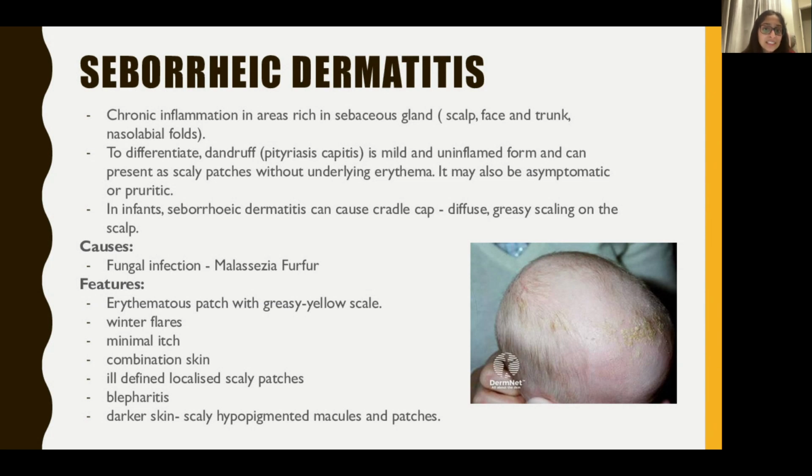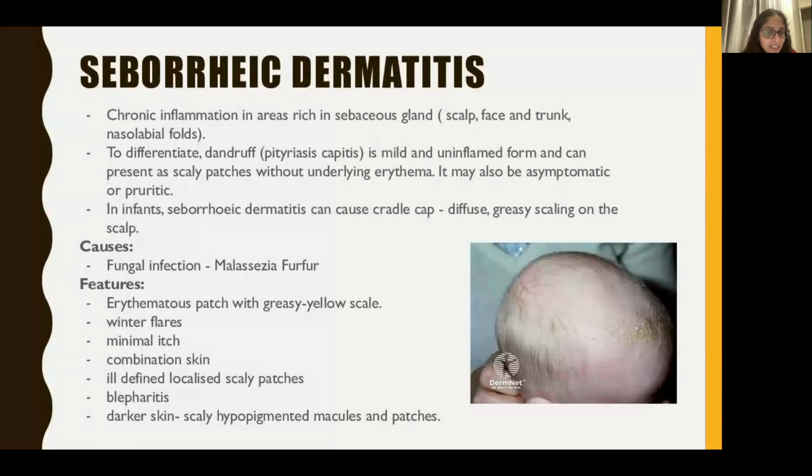In infants, this can look like cradle cap, which you can see in the image here. So this is greasy scaling on the top of the scalp. So the causative fungus for seborrheic dermatitis is Malassezia furfur, which is actually quite a common question that they ask in SBAs.